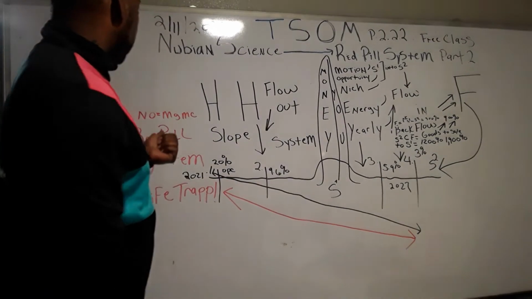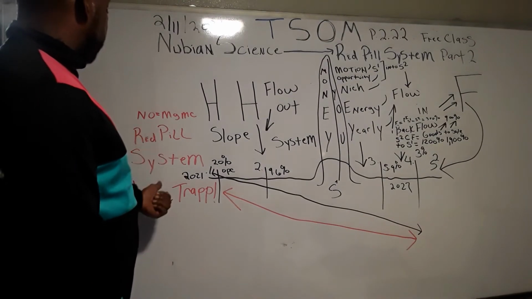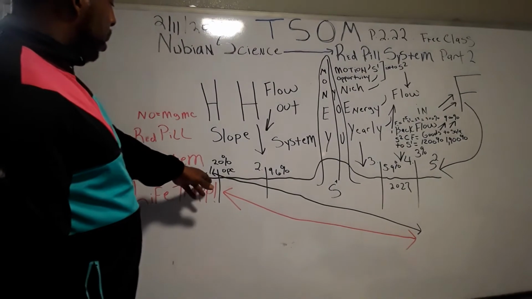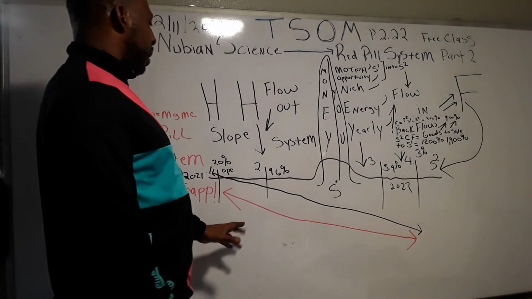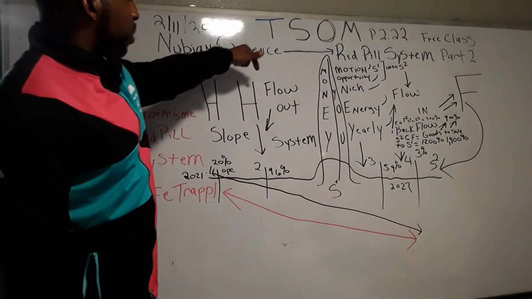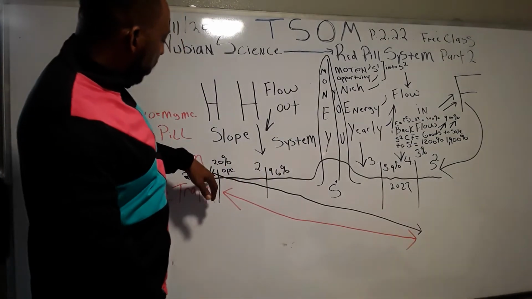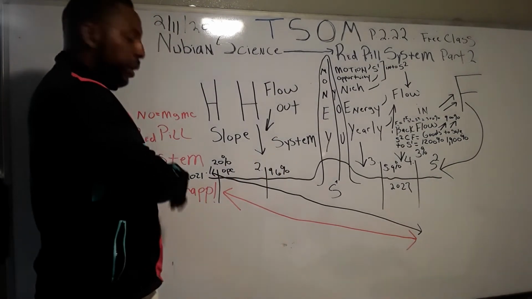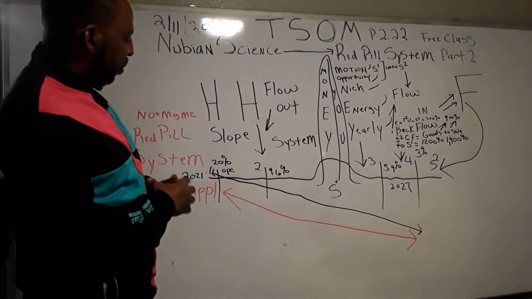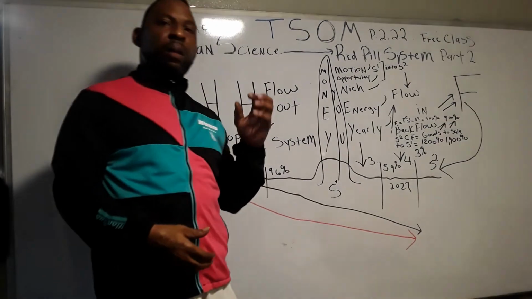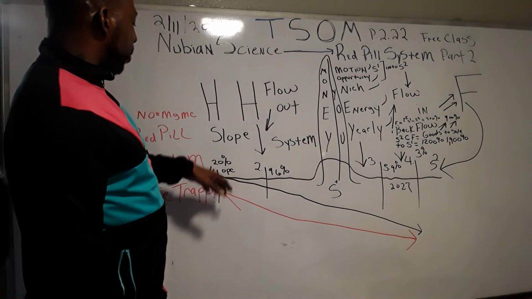But basically, as it stands, most people are in the red pill system because they're working for 10, 15, 20 years, right? And at the end of that whole system, the household is still in a flow-out system, what we call a slope-down system. How that works is, let's use this year, 2021. People start out with 20% OPC, which I call operating purchasing capital, in the first three months of the new year.